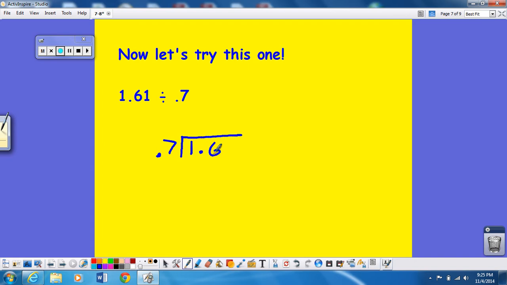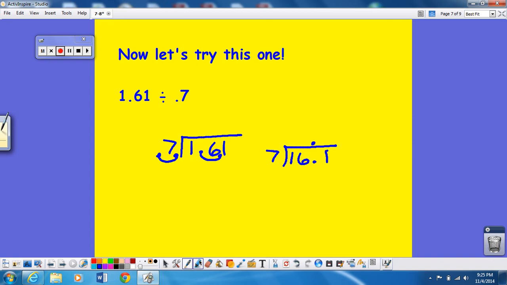Okay? Remember your goal. We're making the number in the divisor a whole number. What you do in the divisor, you do in the dividend. Rewrite your problem. 7 into 16.1. Now, we're back to a decimal divided by a whole number. Bring that baby up.